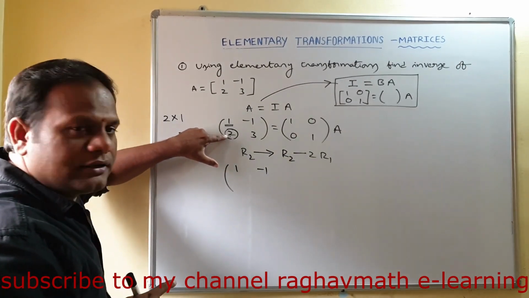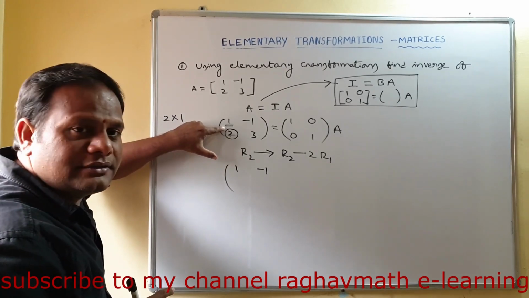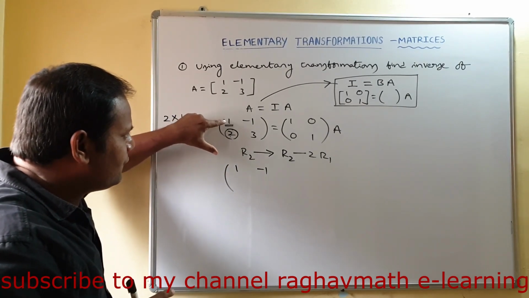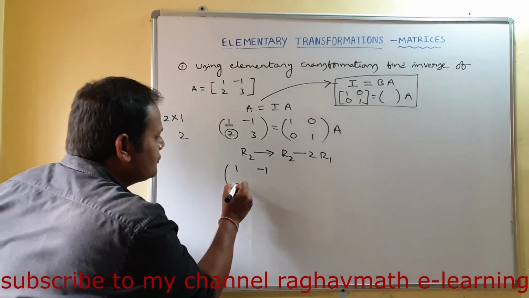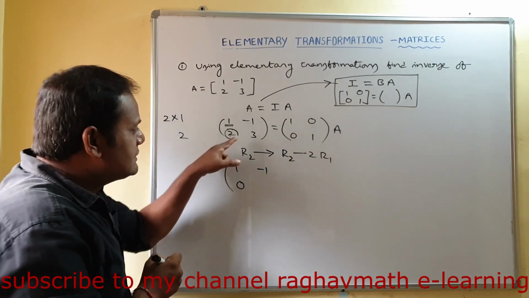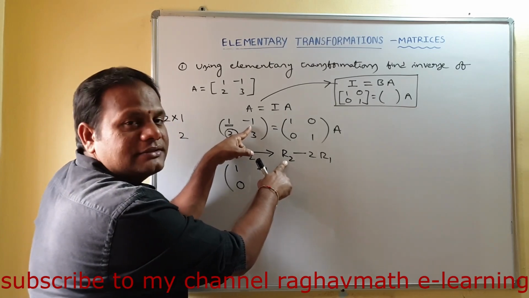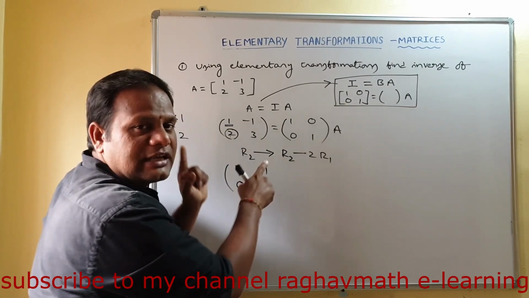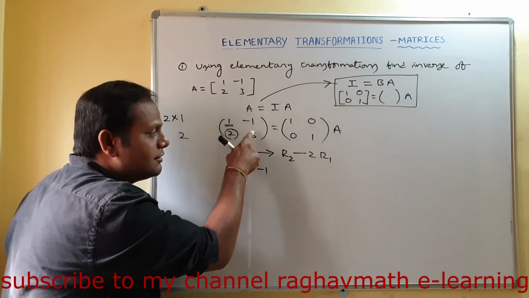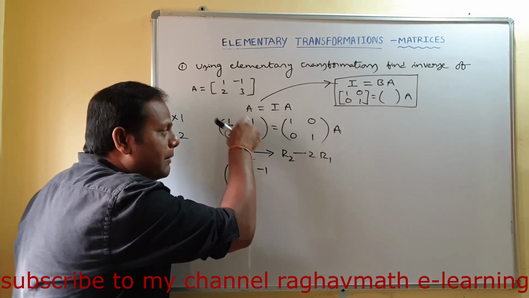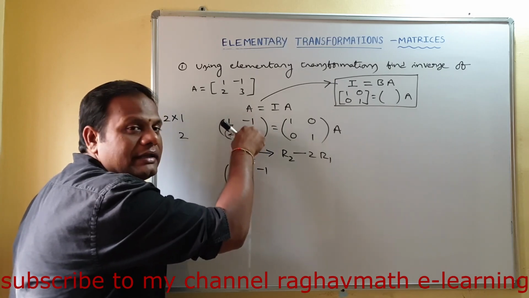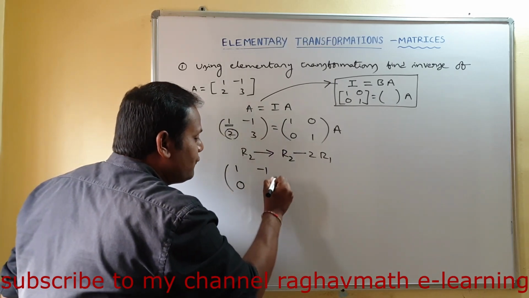Second row first element 2 minus 2 into first row first element, so 2 into 1, 2. 2 minus 2, it is 0. Second row second element minus 2 into this element. So 3 minus 2 into minus 1, that is 3 minus minus 2, that is 5.